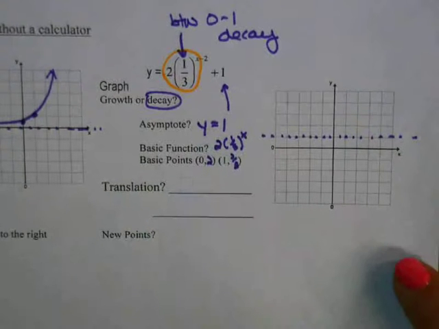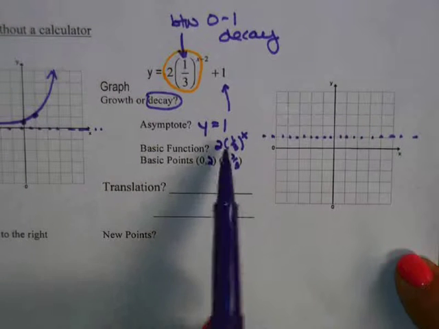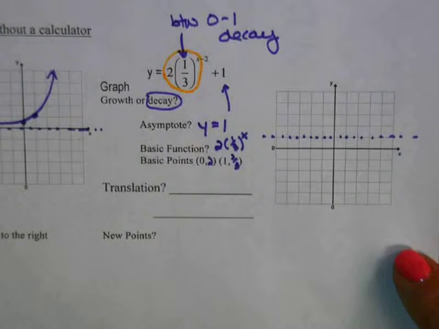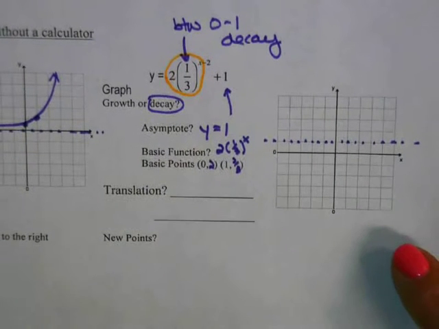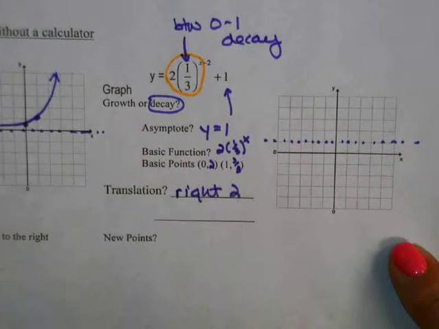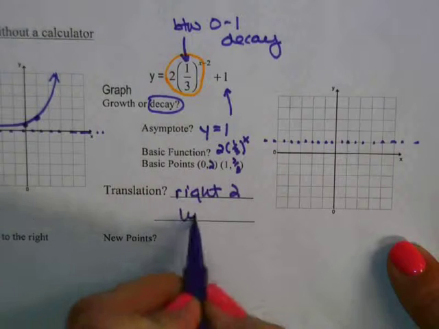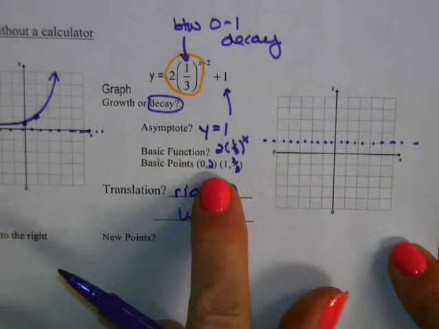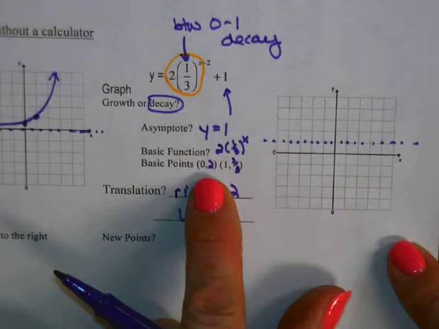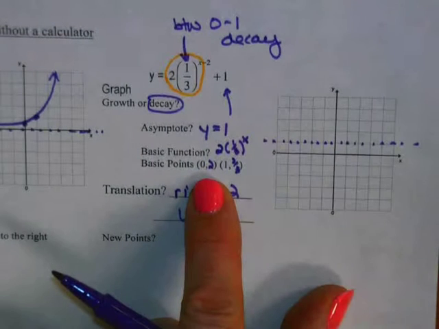All right, so let's talk about what is happening to this basic function. What are the translations? Is there a horizontal translation? Yeah. It's going which way? Right 2. And then what's the other one? Up 1. Okay, so let's plot our basic points, 0, 2, and 1, 2/3, and then we'll shift those points to get our new points.